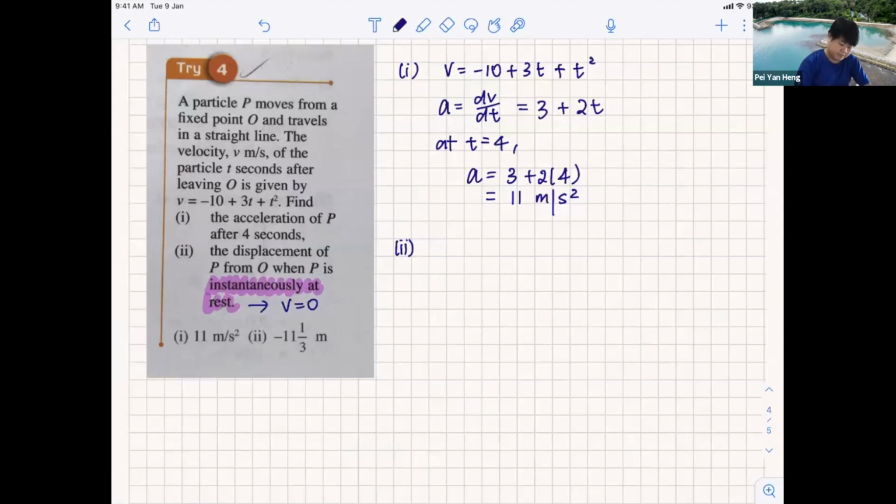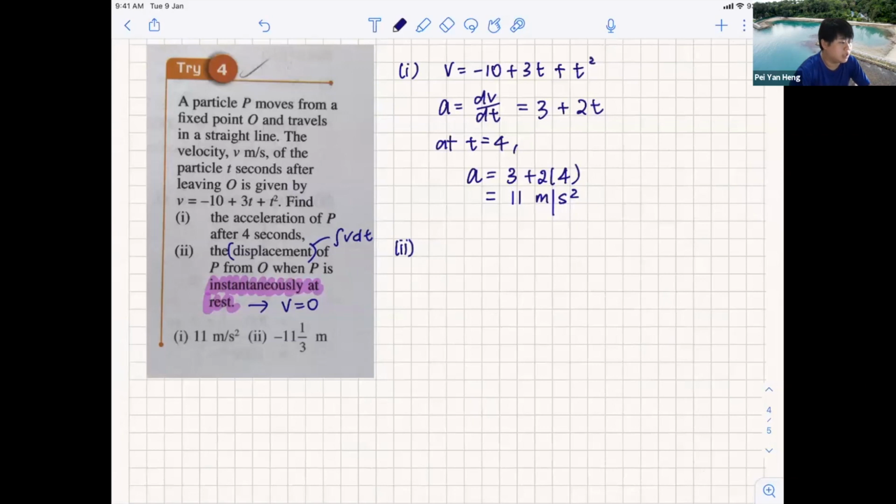If we need to find displacement, we need to integrate v because we are only given velocity. But the problem is if you want to substitute your time value, which we don't have, you cannot find displacement. The other hint that's given to us is instantaneously at rest.